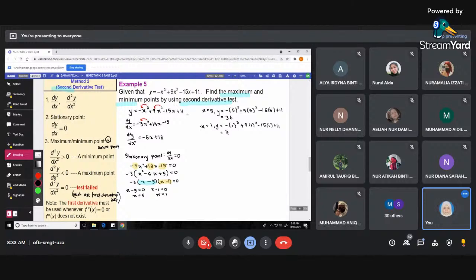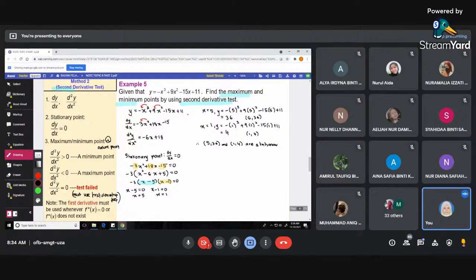So maksud dia koordinat di sini ada 5, 36. Yang kedua adalah 1, 4. So kita kena letak conclusion. 5, 36 and 1, 4 are stationary point.